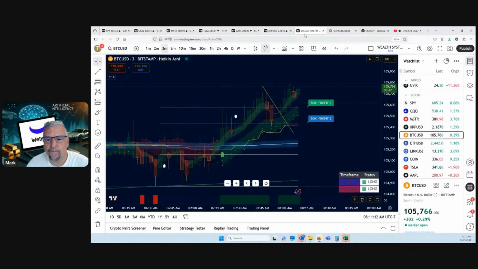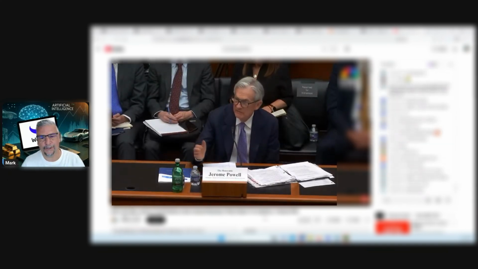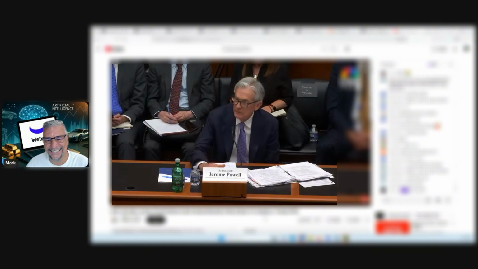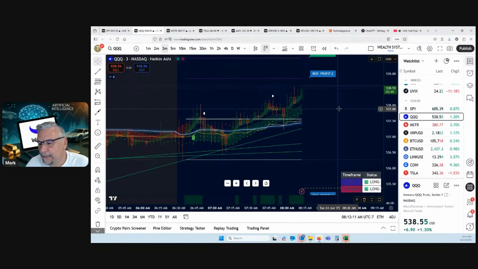XRP, Bitcoin looking very nice. It's the uncertainty of the potential. Oh man. All right, there it goes. There we go. 538.50. Hit the target. That is the target. Right on the money. Literally.